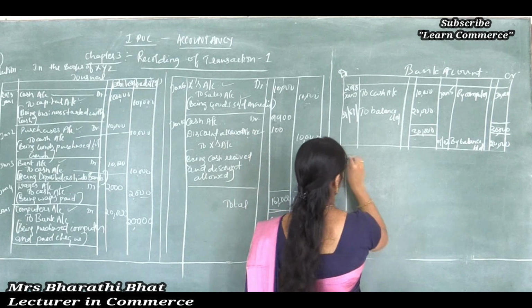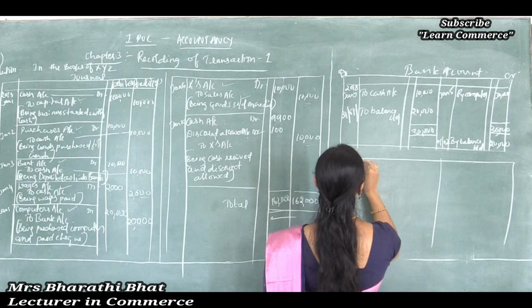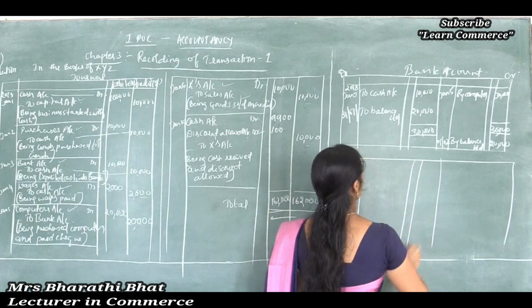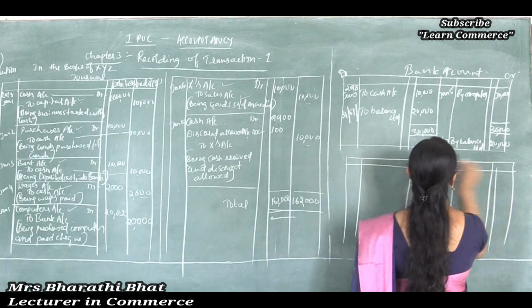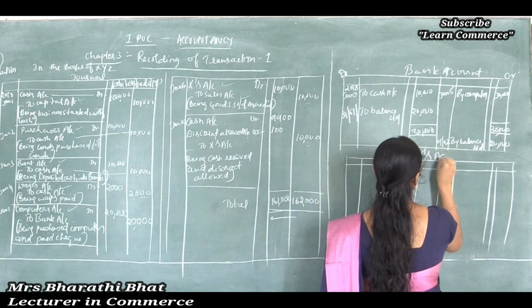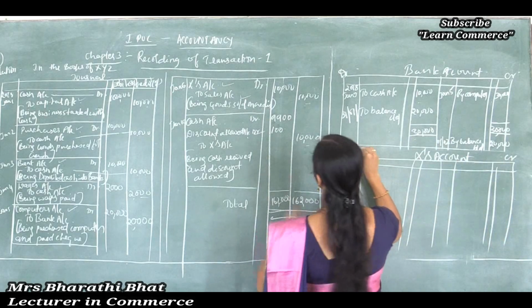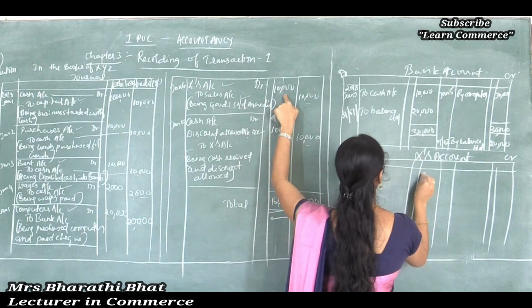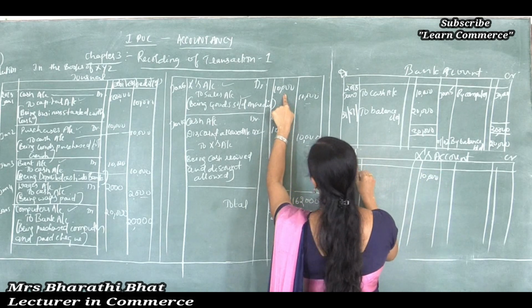X account. X is debtor because we sold goods to X. So just X account, credit and debit. See, X showing debit value 10,000, mention the date January 6.